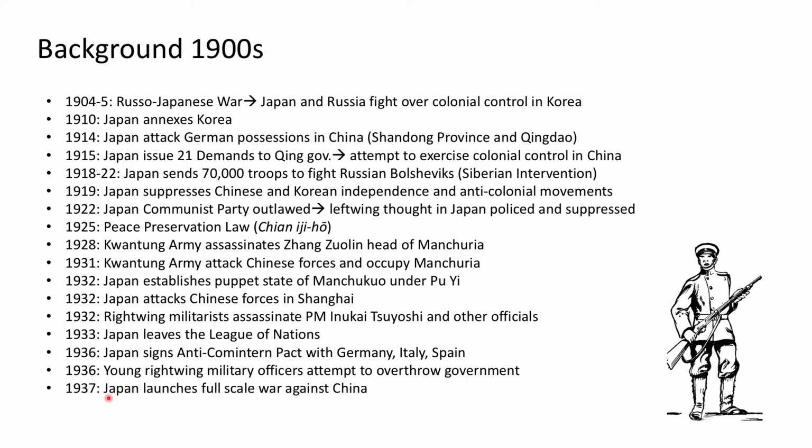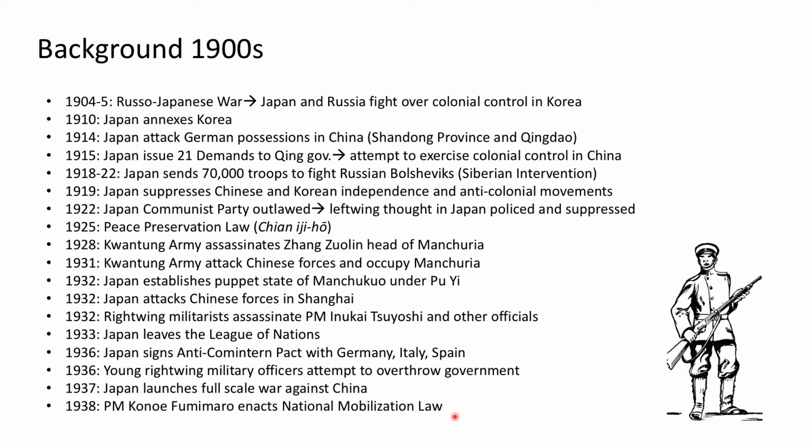And in 1937, Japan launched full-scale war against China and against Chiang Kai-shek's nationalist forces, but also the Chinese communists as well. In 1938, Japanese Prime Minister Konoe Fumimaro enacted the National Mobilization Law, requiring everybody to basically give everything they have to the war effort and to the state, everything they owned and all of their labor as well.